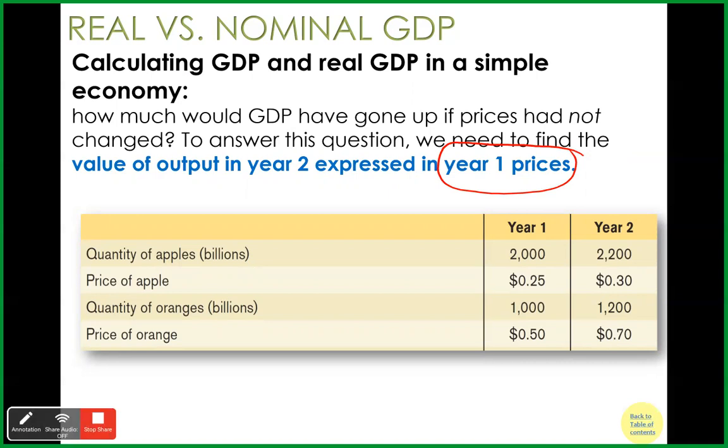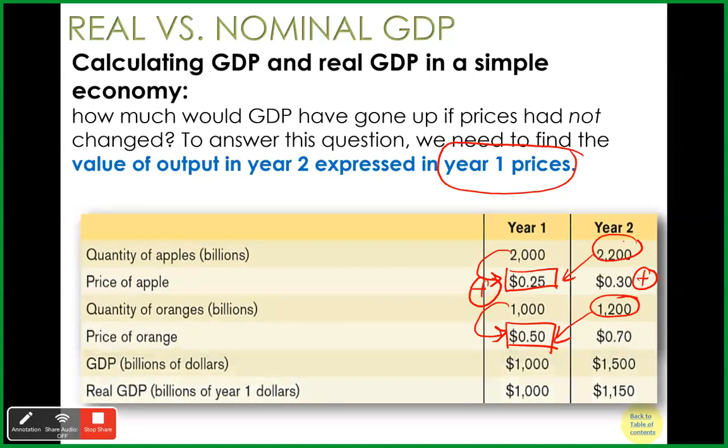By the way, we fix the price here. Price fixed here. And then when we calculate real GDP of year one, use this number, multiply this one, this, multiply this, and add them together. Year two, we use this number, multiply this one, this number, multiply this one, add them together. So this is real GDP, okay? And this gives you a number. This is the real GDP coming from here. This is the real GDP coming from here.